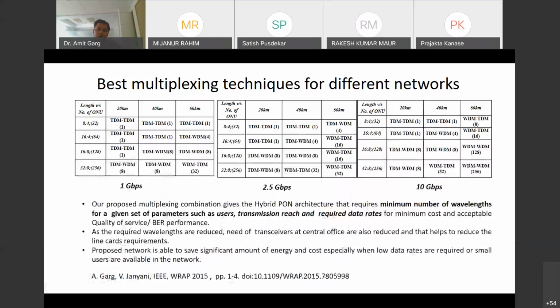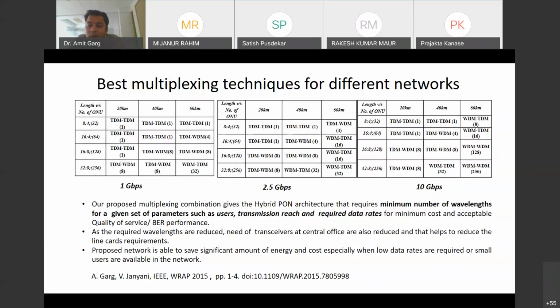Okay, so now which multiplexing technique will be better? Suppose we need to transmit the data at 1 Gbps or 2.5 Gbps or 10 Gbps. Let me give you some idea. The receiver will have different receiver sensitivity at 1 Gbps, 2.5 Gbps, and 10 Gbps.